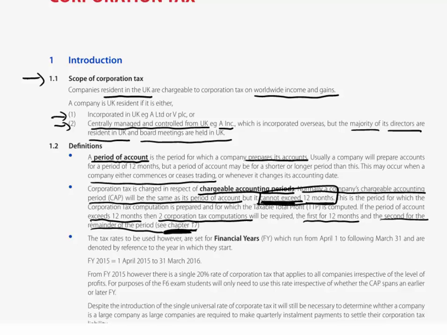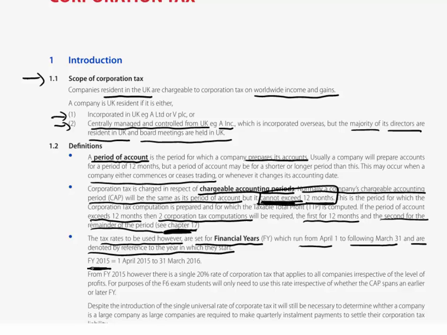The third definition, a financial year. The tax rates to be used are corporate tax rates, or in fact now, as we'll discover from FY15, the tax rate, but what used to be the tax rates to be used. They are set by HMRC for financial years. And financial years run from April the 1st through to the following 31st of March and are denoted by reference to the year in which they start.